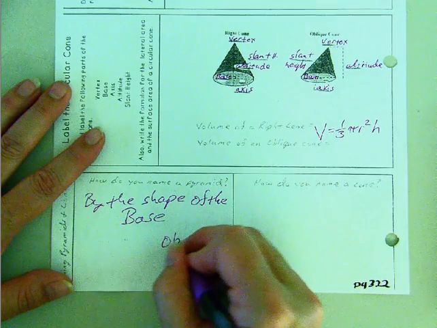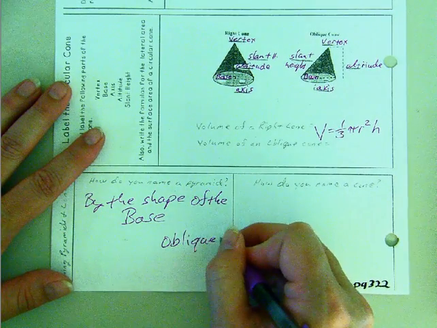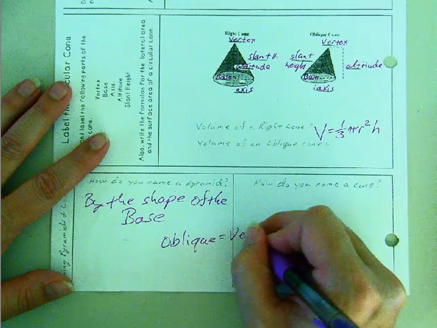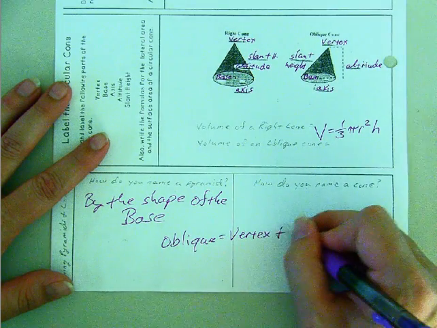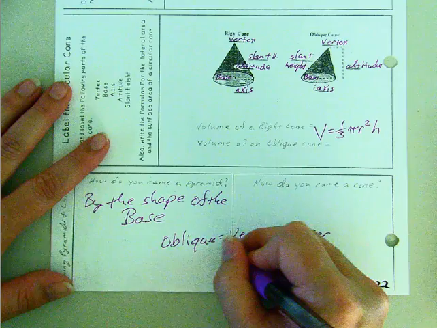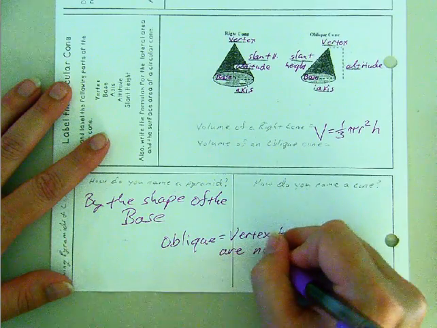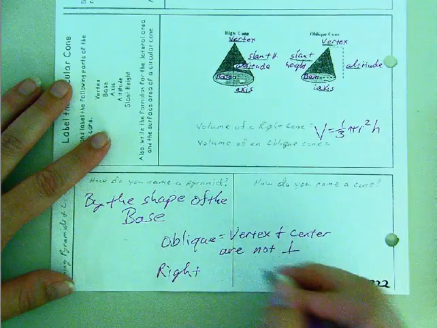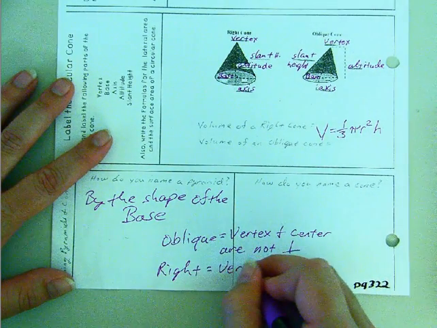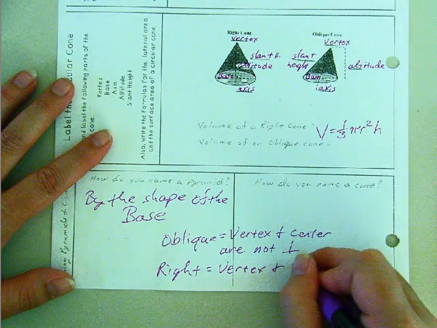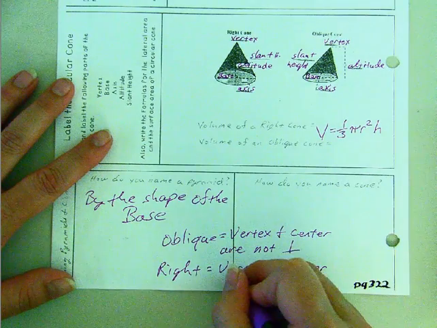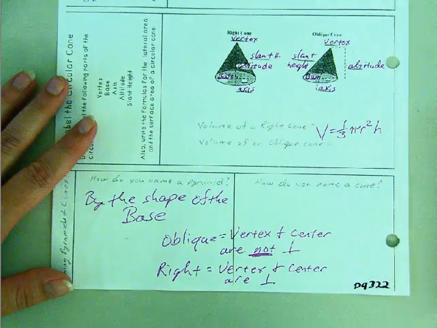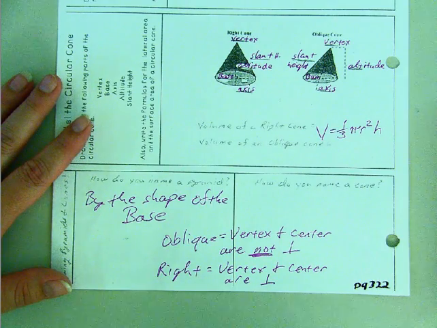So oblique: vertex and center are not perpendicular. And if it's right, vertex and center are perpendicular. So if it's not perpendicular, it's oblique. If they are, then it's right.